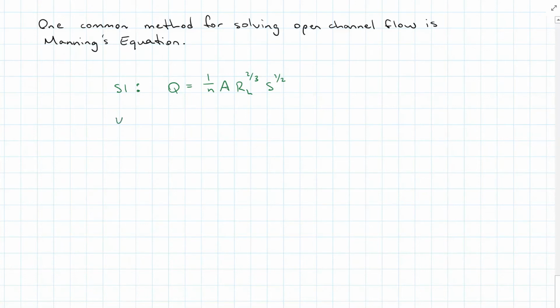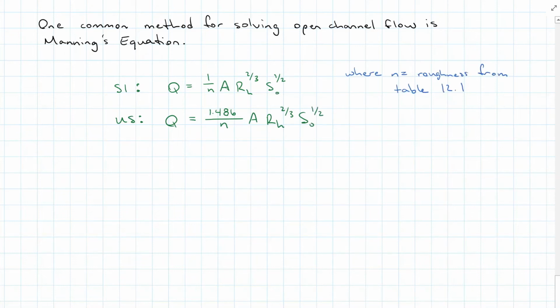And if we're using US units, that numerator is going to change to 1.486 over n, area of the cross section, hydraulic radius to the 2/3, and bed slope to the 1/2.